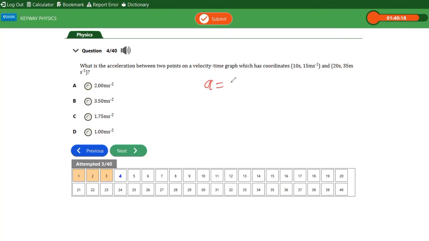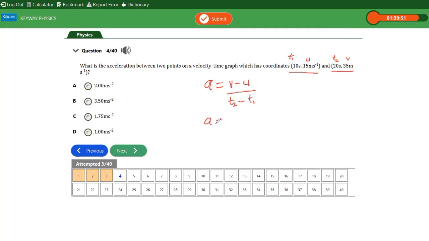Change in what? Velocity. That is final velocity minus initial velocity, all over final time T2 minus initial time T1. So from here, my coordinate here will be T1. Here will be initial velocity U. The next one here will be T2. Here will be final velocity V.